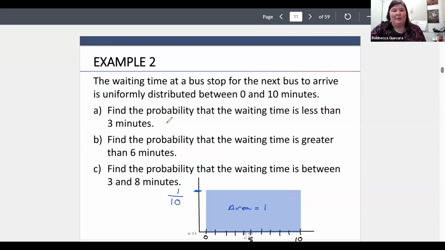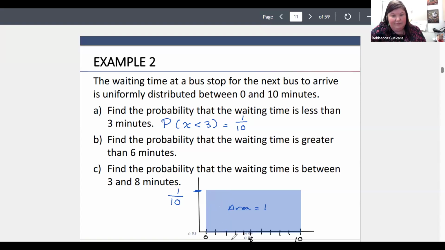We want to figure out the probability that my wait time is less than 3 minutes. So we're looking from here to here, less than 3 minutes. Oops, sorry, I went 2 minutes out.